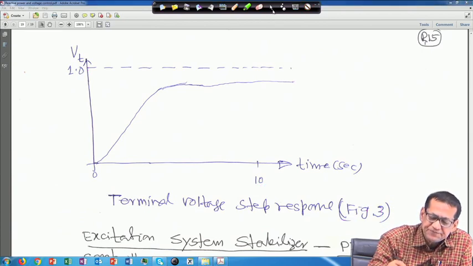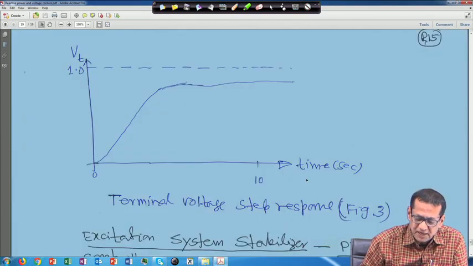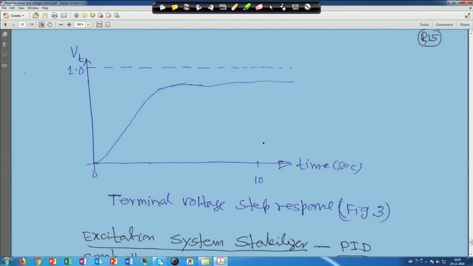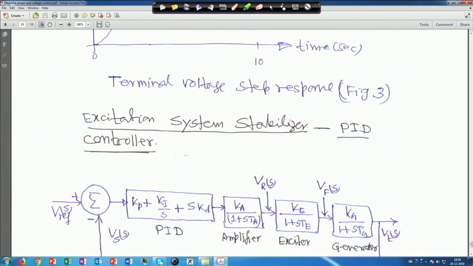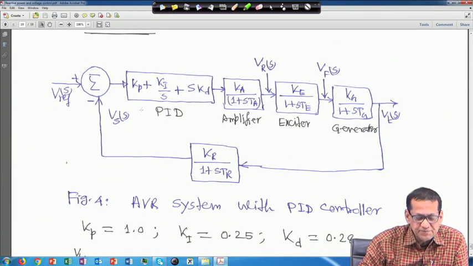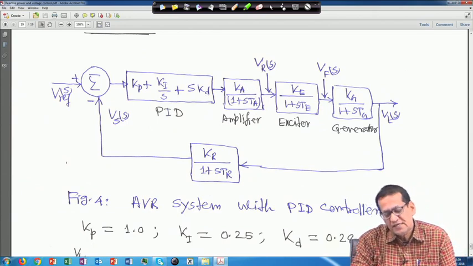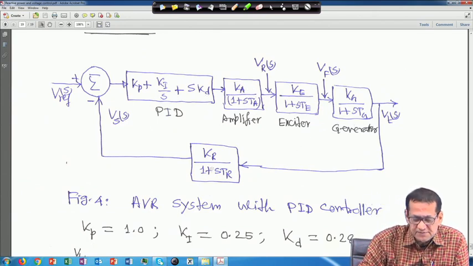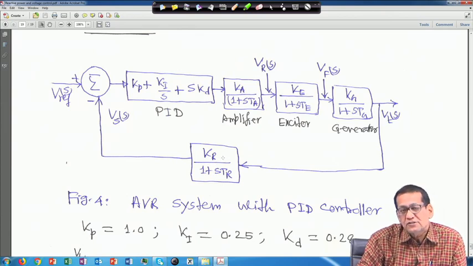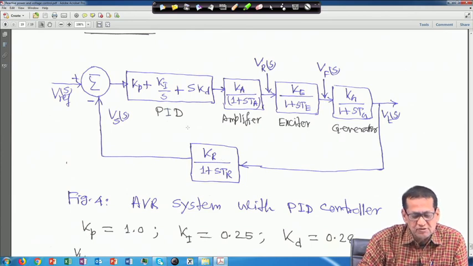Next is the excitation system stabilizer, that is, the PID controller. Now, if you use a PID controller, Kp plus Ki upon s plus s Kd, and this is your usual amplifier, exciter, generator, and this is VTS. No stabilizing transformer is connected here, and this is a PID controller.